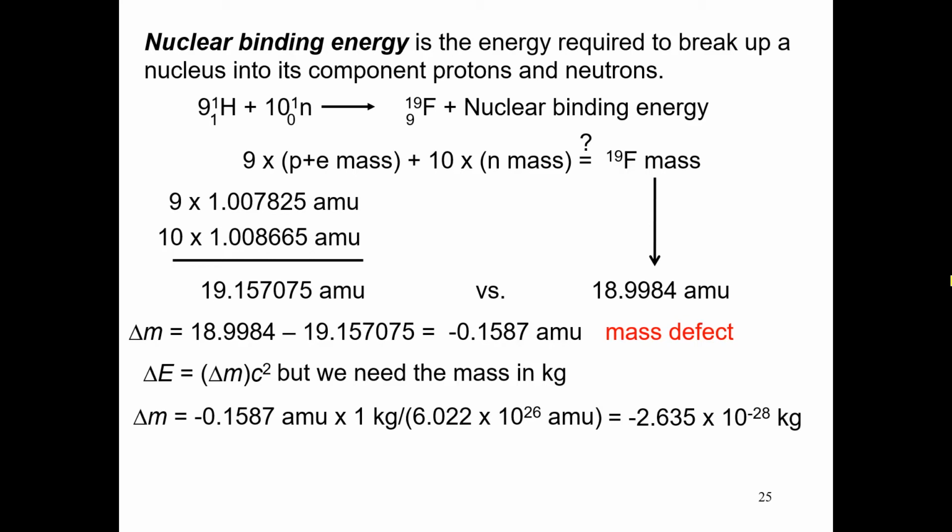The reason I did this is because when we look at the equation from Einstein, we're going to get kilograms times meters per second squared. And that's important because, if we remember the units of energy, a kilogram times meters squared per second squared is 1 joule of energy.